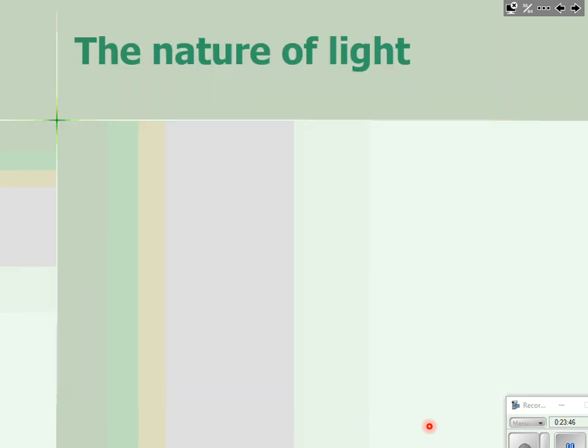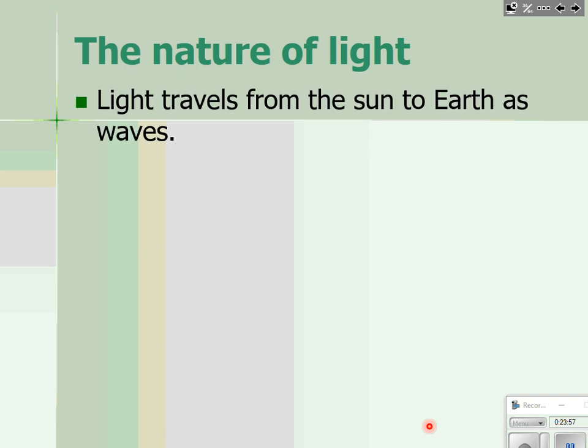Okay, you simply cannot fully appreciate how photosynthesis works without understanding a little bit about the nature of light, the physics of light. So light travels from the sun to the earth in waves of light energy.